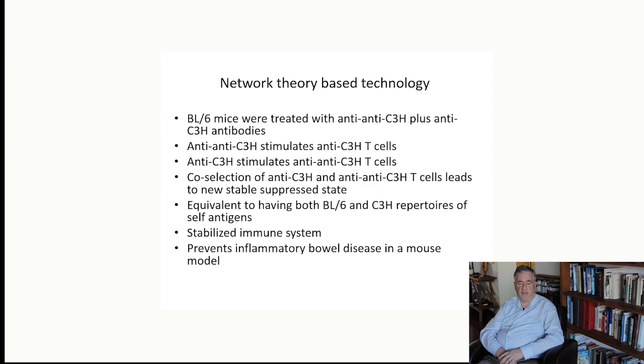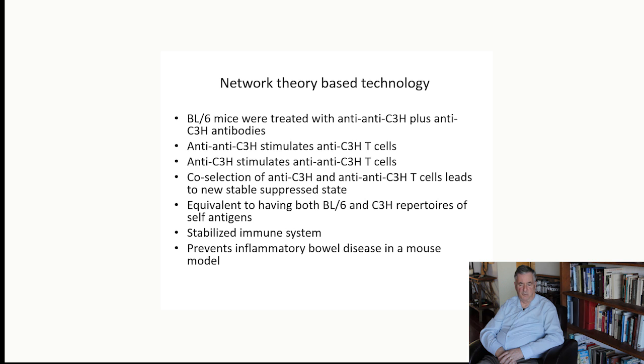This brings us to a network theory-based technology that for us at Network Immunology is particularly exciting. We treated black 6 mice with anti-C3H and anti-C3H antibodies. Each of those stimulated a complementary population of T cells.